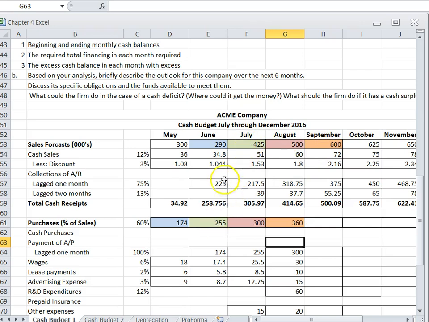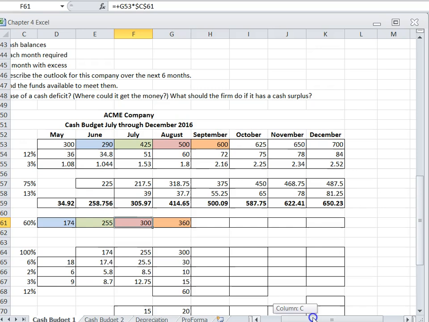See how the colors denote the forecast of where I'm getting the 60% from? So I'm taking 60% of June's to calculate May's purchases, 60% of July's sales to calculate June's purchases, 60% of August's sales to calculate July's purchases, because you have to purchase first, then sell. You have to purchase your materials first, and then you can sell them.